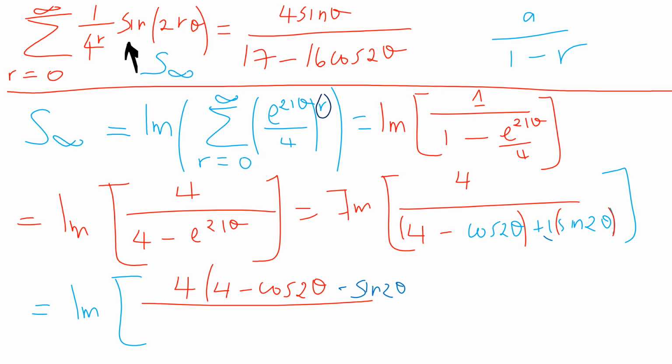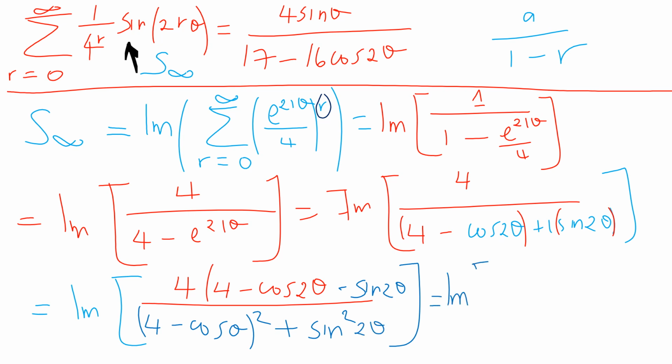Now the denominator, we also need to multiply by its conjugate, but we know that if we multiply a complex number with its conjugate, we just need to square the real part and add it to the square of the imaginary part. That is it. So let us simplify. The denominator, believe me, if you expand, you are going to have 17 minus 16 cos 2 theta.